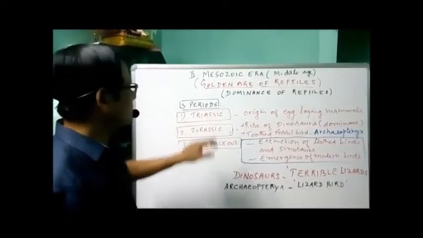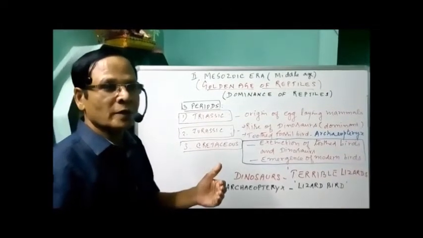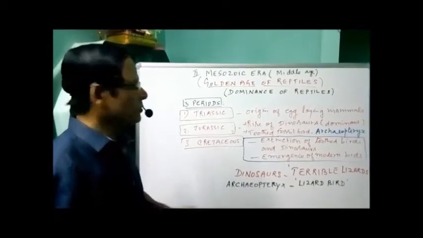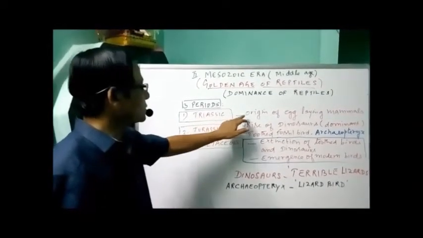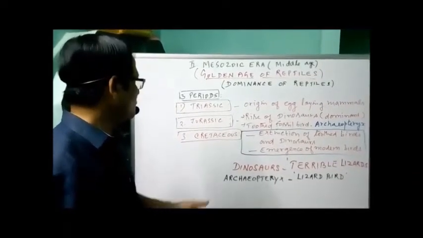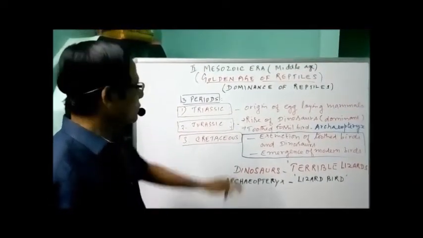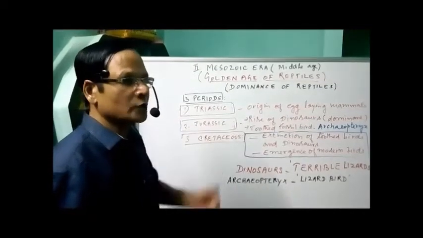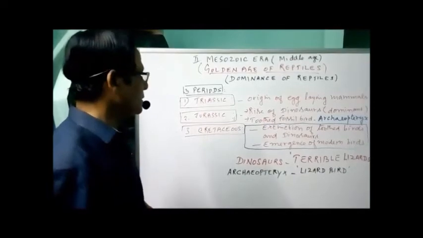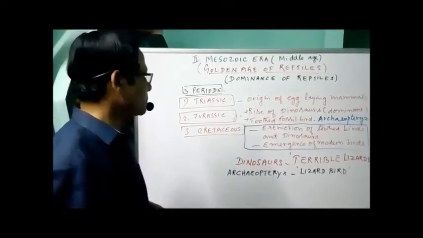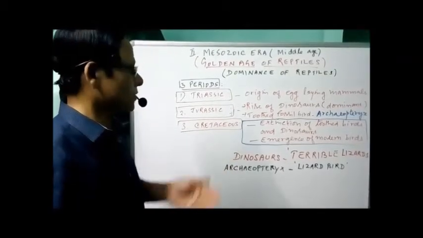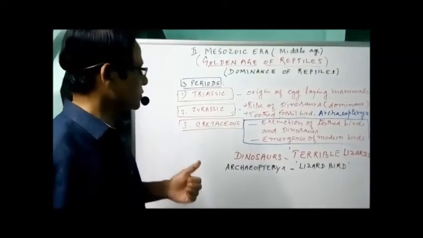During the Triassic period, the origin of egg-laying mammals took place. The origin of dinosaurs also took place during the Triassic, but they were flourishing during the Jurassic period. So we have the rise of dinosaurs. They were dominant on this earth, and they were the largest animals during that period. And also we have the toothed fossil bird, the Archaeopteryx. The only bird that had teeth.